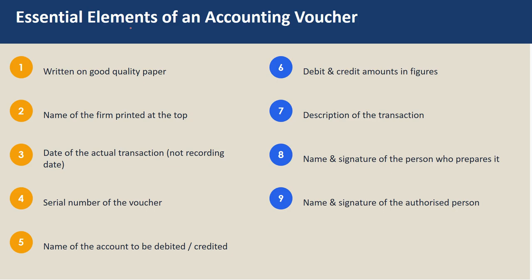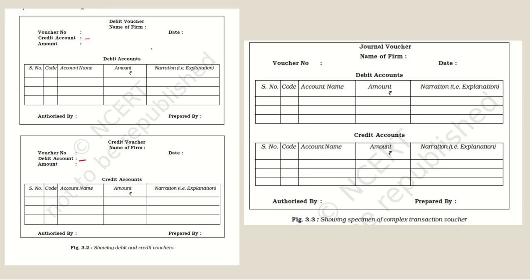So what are the essential elements of an accounting voucher? First, it's in a physical form, it should be on proper paper, of good quality. The name of the firm should be there, the date should be there, and the serial voucher number should also be there. After that the corresponding debit and credit accounts should be there.